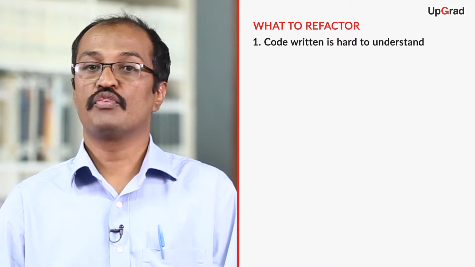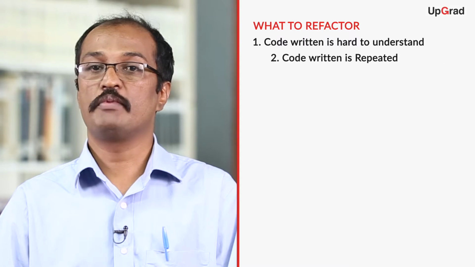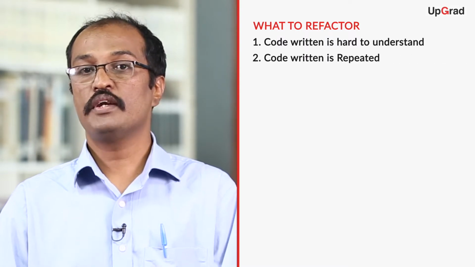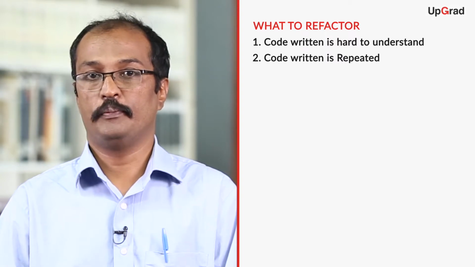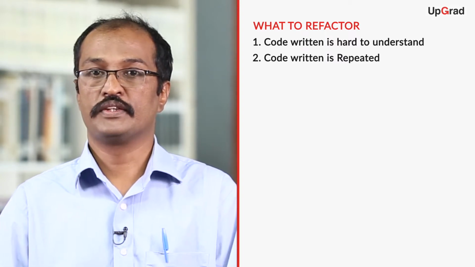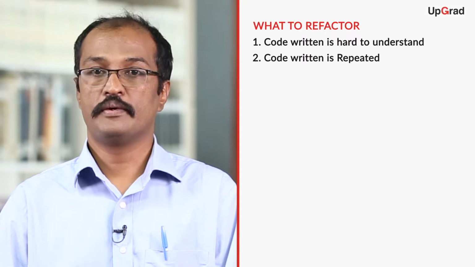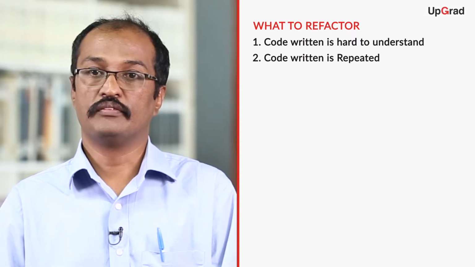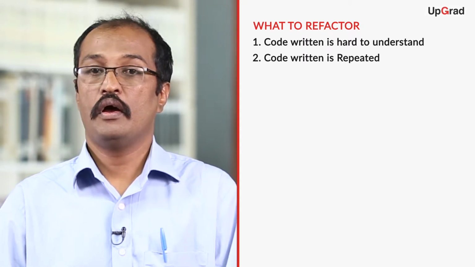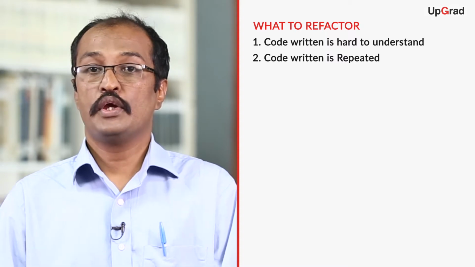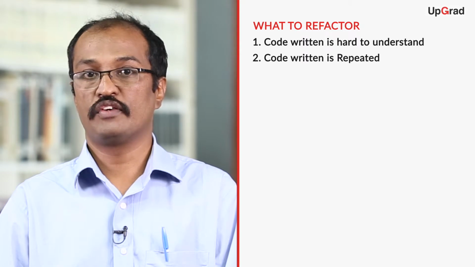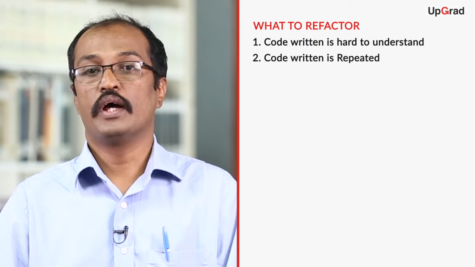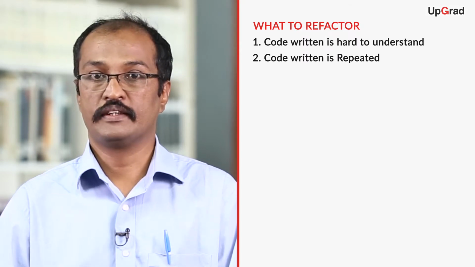The second point that you could look for is repeated code. Repeated code is a common thing, especially with web applications or applications where a layered approach is taken for code writing. Let's say you are dealing with multiple types of objects in your software system, and those objects have to be stored into a database.